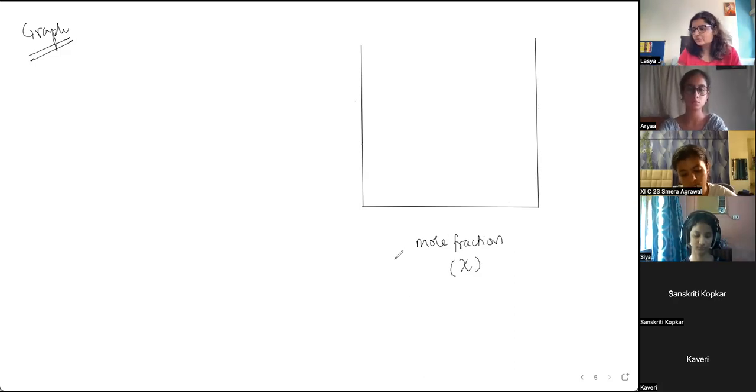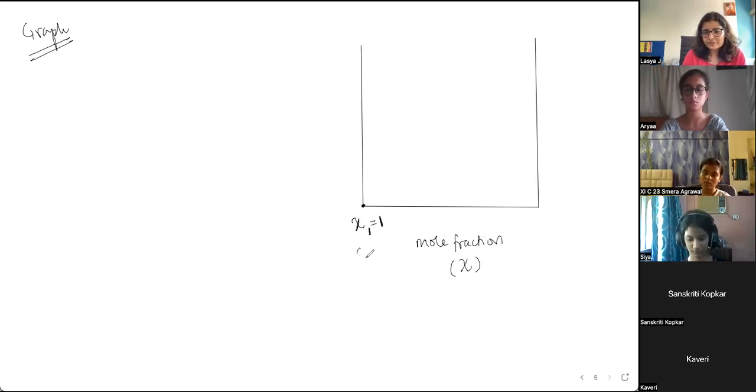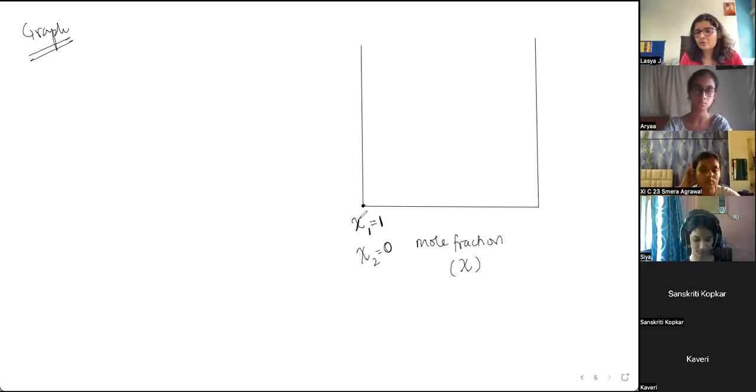At the leftmost point, the mole fraction of component 1 is equal to 1, and the mole fraction of component 2 is equal to 0. That means at this point, in that container, we have only component 1 and none of component 2.